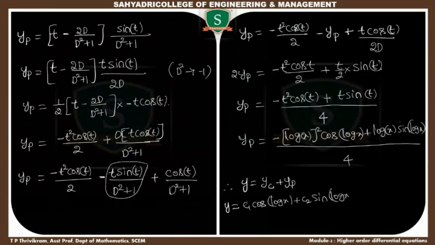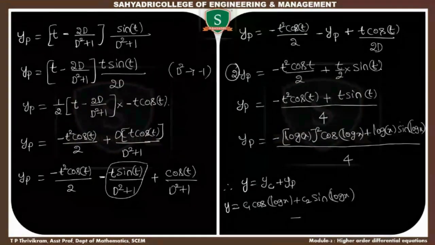Sir, divided by 4 or 2? 4. These two we have sent. Okay, sir. These two I have sent down, so it will become 4. Okay.